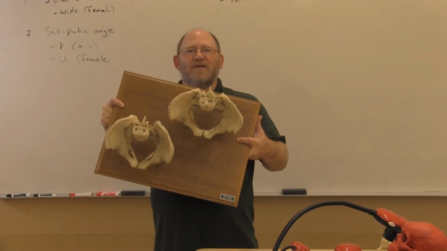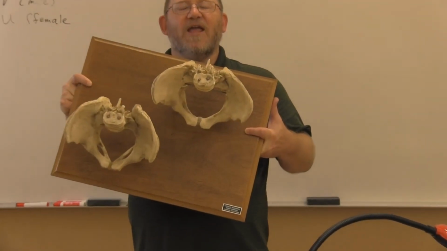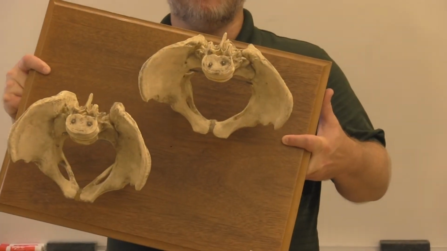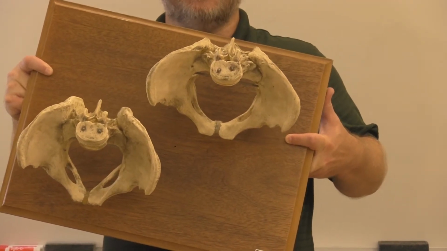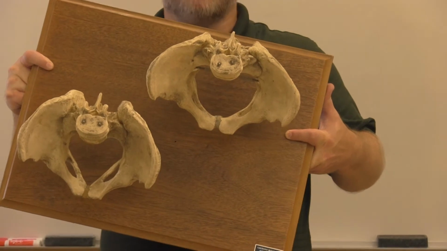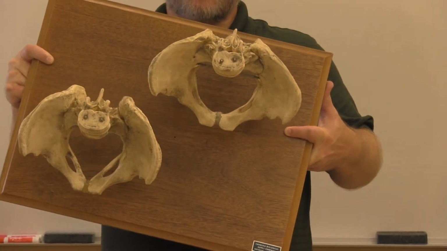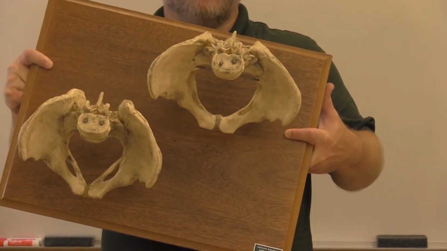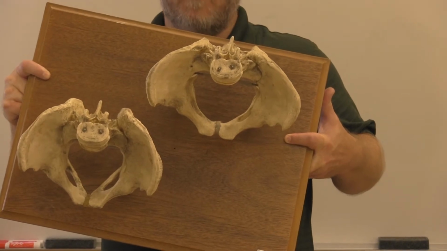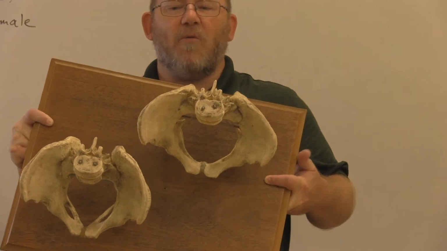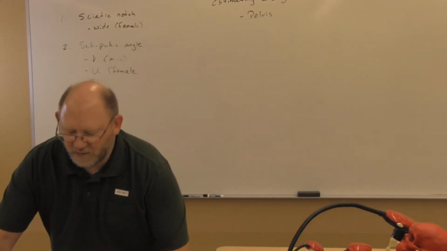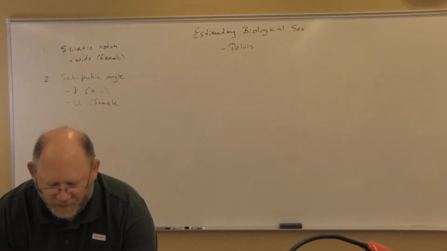In the female, that's on your right, it will look in general a little bit more rounded. And in the male, it will look a little bit more sort of like heart-shaped. And the argument that is given for this is, evolutionarily speaking, that it will make it easier for females to give birth to babies with big heads.